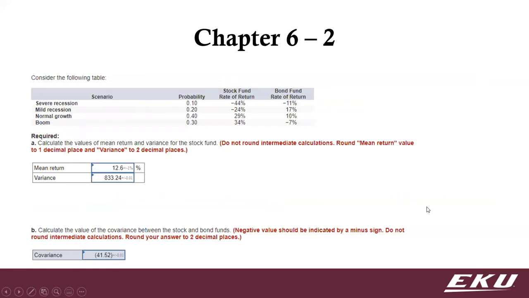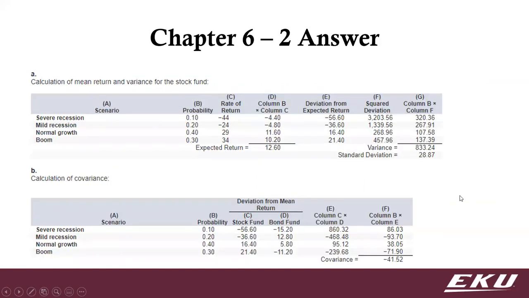Okay, here's problem number 2. They're giving us these different probabilities of these states. They tell us what the returns are for the stock and the bond funds. So we're going to just calculate these. Just probability times the rate of return to get this one.